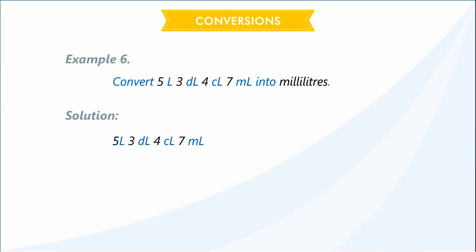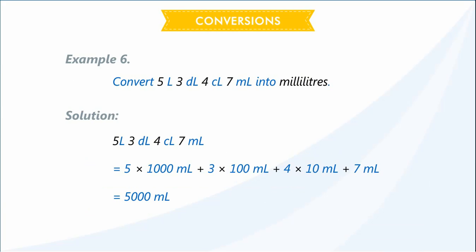Solution. 5 liter, 3 decaliter, 4 centiliter, 7 milliliter is equal to 5 multiplied by 1000 milliliter plus 3 multiplied by 100 milliliter plus 4 multiplied by 10 milliliter plus 7 milliliter is equal to 5000 milliliter plus 300 milliliter plus 40 milliliter plus 7 milliliter is equal to 5347 milliliter.